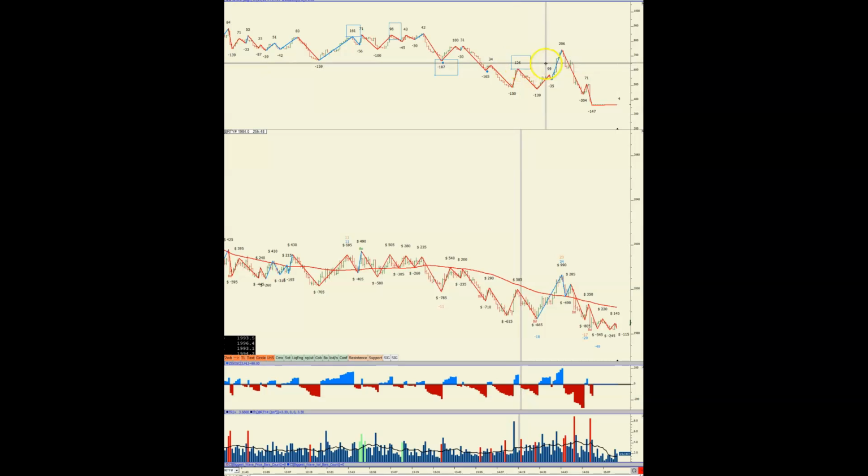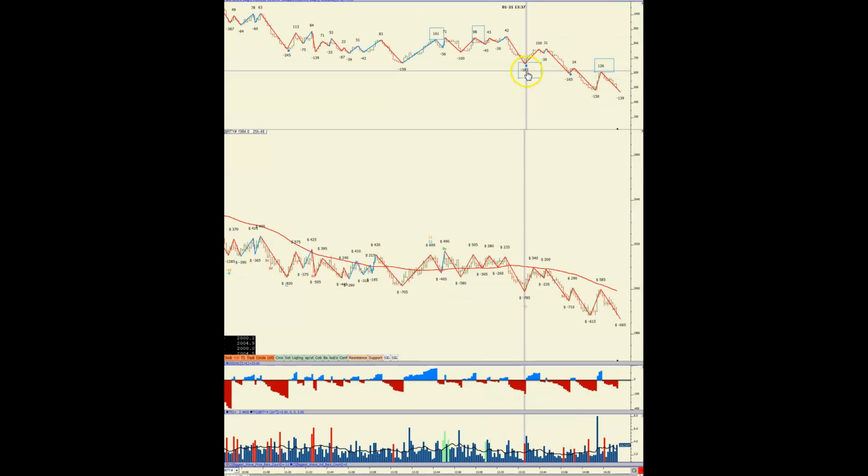But the warning that the 206 advance was coming was based off of the 126. And the warning for me that the 187 was coming was the 42, because it's the smallest advance in 6 advances.